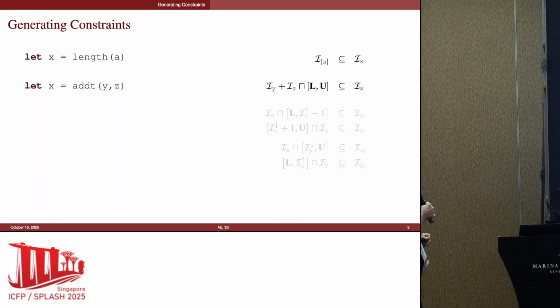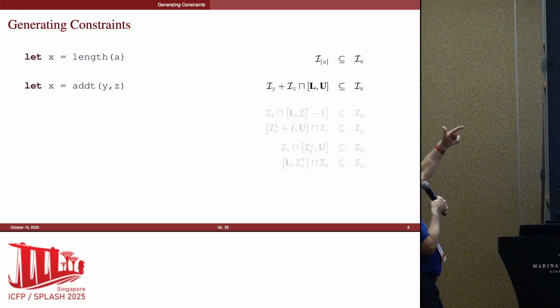That's the result of adding y and z together, and that interval might be bigger than the LU interval, right? It might extend past the LU interval in some way, and that would be a trapping situation.